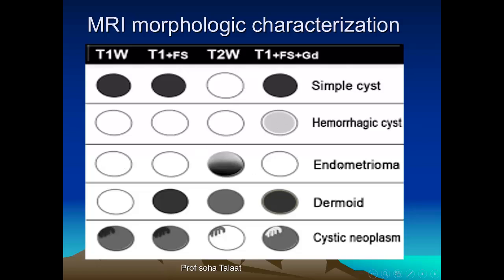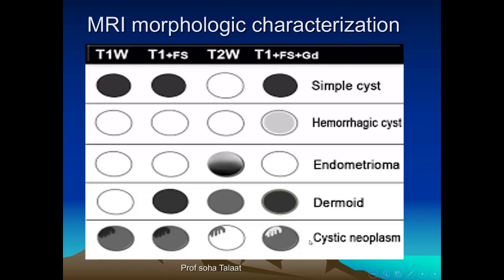And then endometrioma, it's bright on T1, bright on fat suppression, shading effect on T2, note the difference, and no contrast enhancement. Mature cystic teratoma is bright on T1 but suppressed on fat suppression, relatively low on T2, but not like the shading effect of endometrioma, and no enhancing lesions.